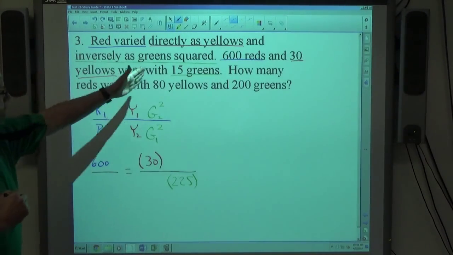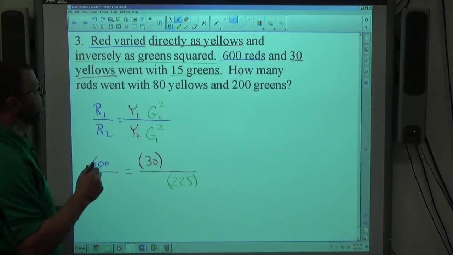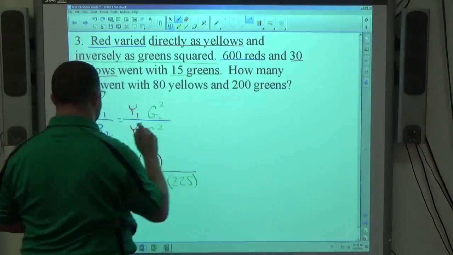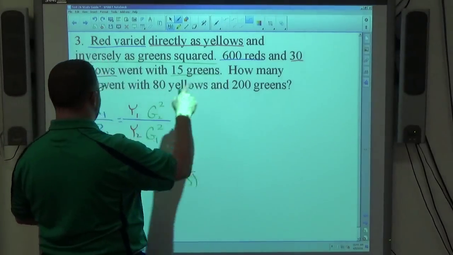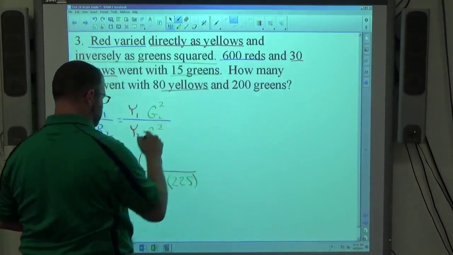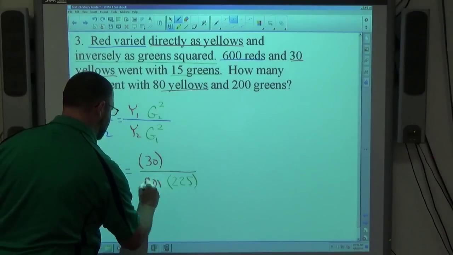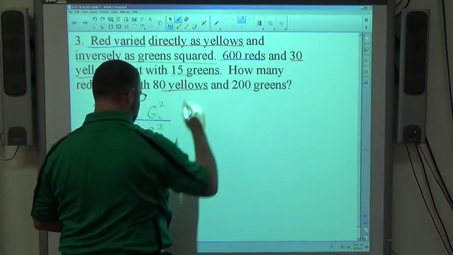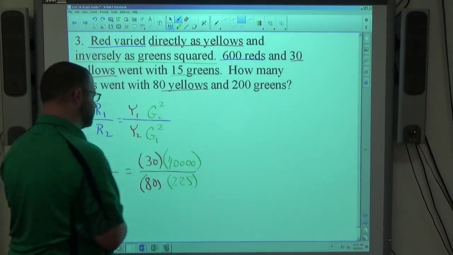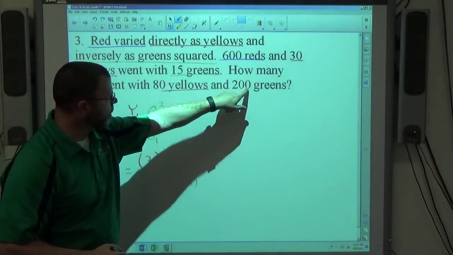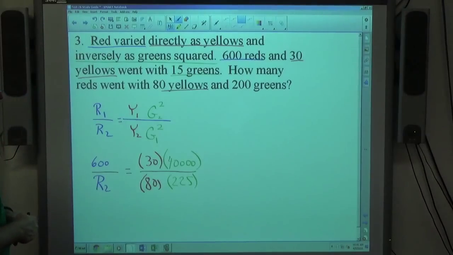I just go ahead and square the greens immediately. Then how many reds? We don't know the final amount of reds, R sub 2. Went with 80 yellows, so the second yellow is 80. And 200 greens. If I square 200, it's going to be 40,000. 2 squared is 4, double the number of zeros, or you can just use a calculator.